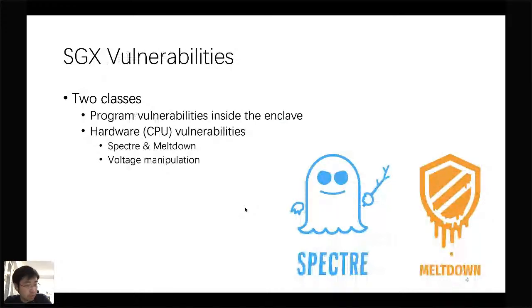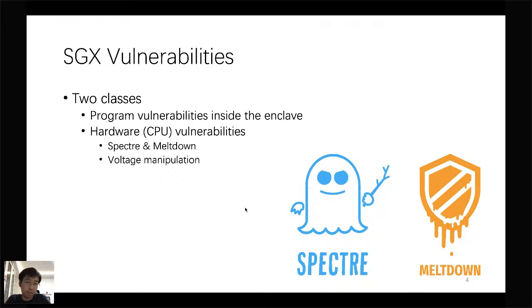But actually, SGX is not the silver bullet to all security problems. There are some vulnerabilities which are able to affect SGX, and I think they can be generally divided into two classes. The first class is the traditional program vulnerabilities inside the enclave.